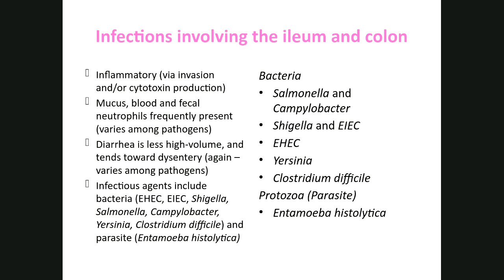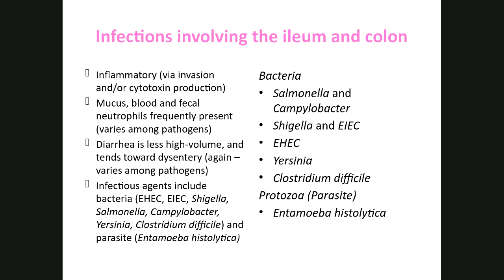Then as a result of this pathological process, there is production of mucus, and there could be outpouring or presence of blood of some type in small quantities, or sometimes in larger quantities. And then there would be neutrophils or pus cells, as they are called.